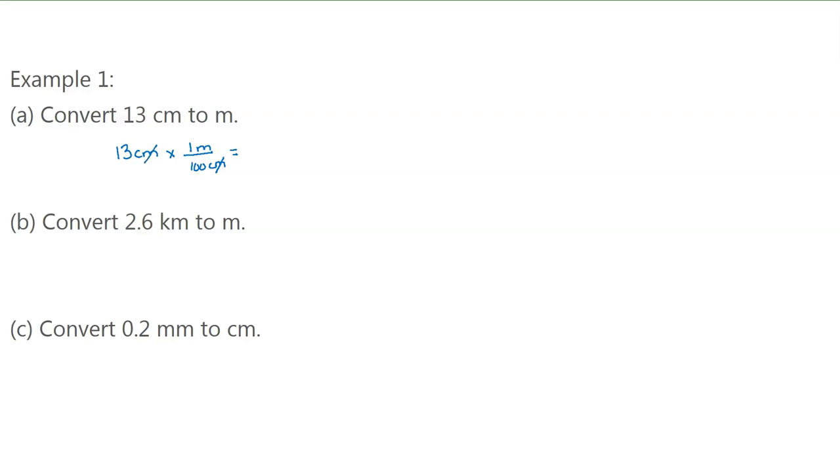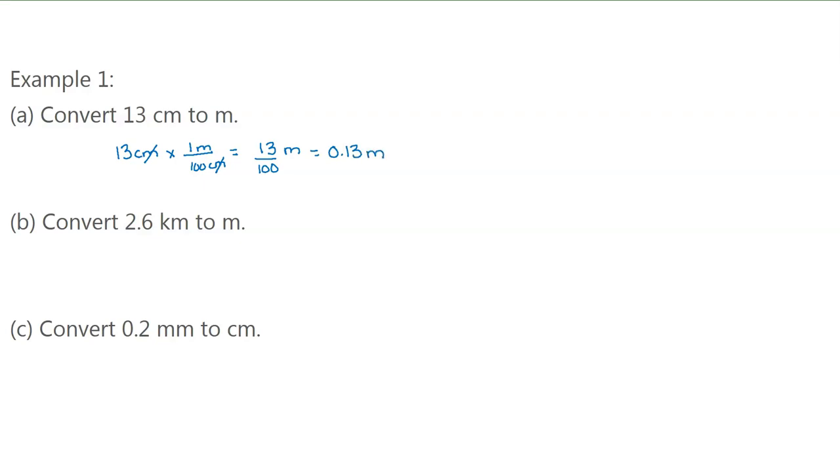So I'm putting 100 centimeters in the denominator so they'll cancel. So now what I have is 13 times 1 meter, which is 13 meters, and then 100 in the denominator. Now 13 divided by 100 is 0.13 meters.